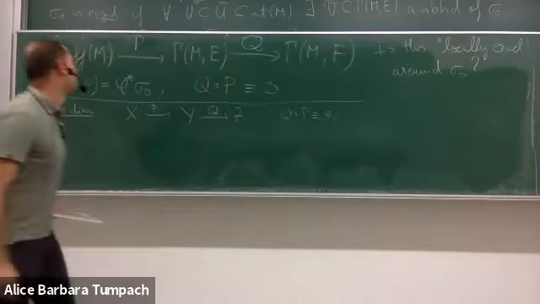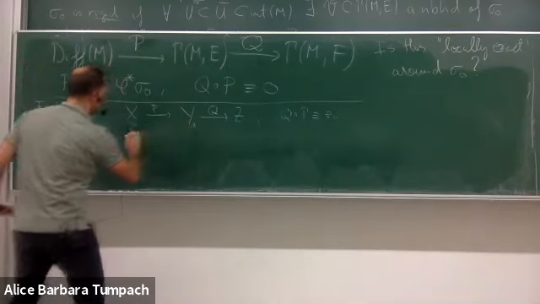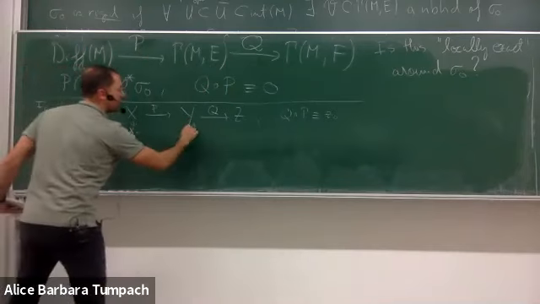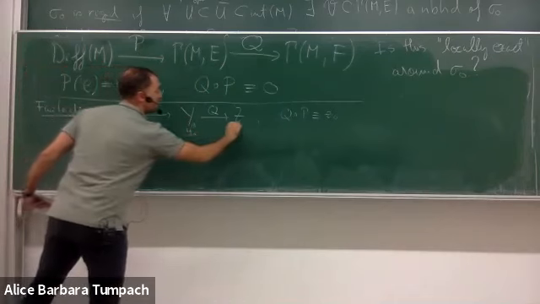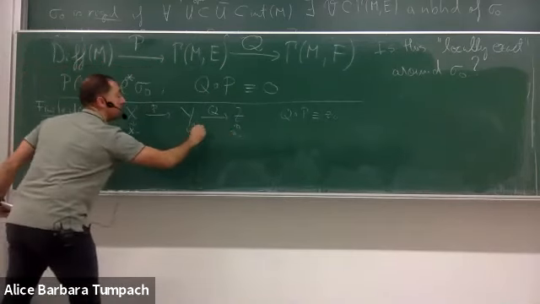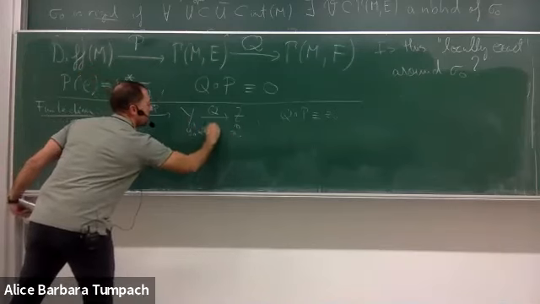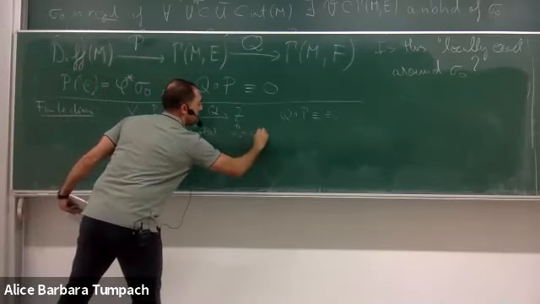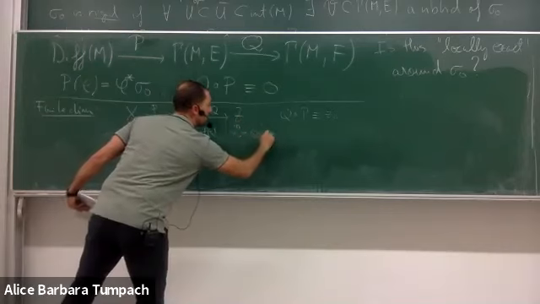Let's fix here an X0 and here a Y0 and here a Z0, which are related by this map. So this is P of X0 and this is Y0.